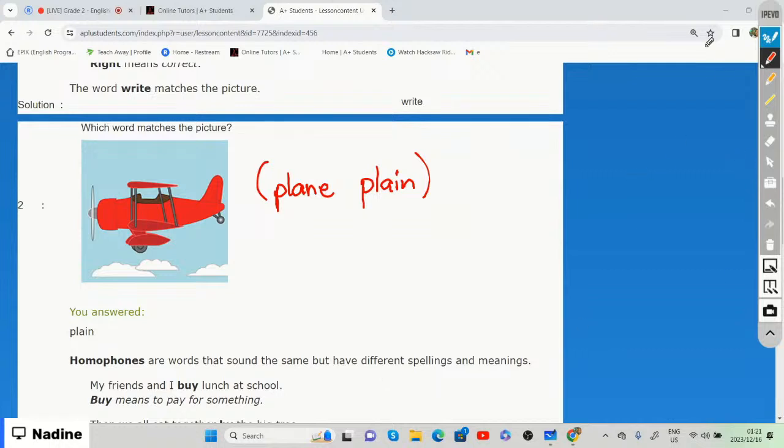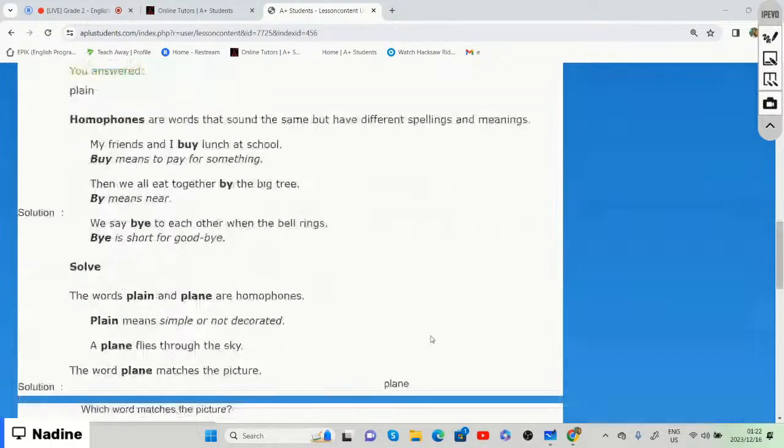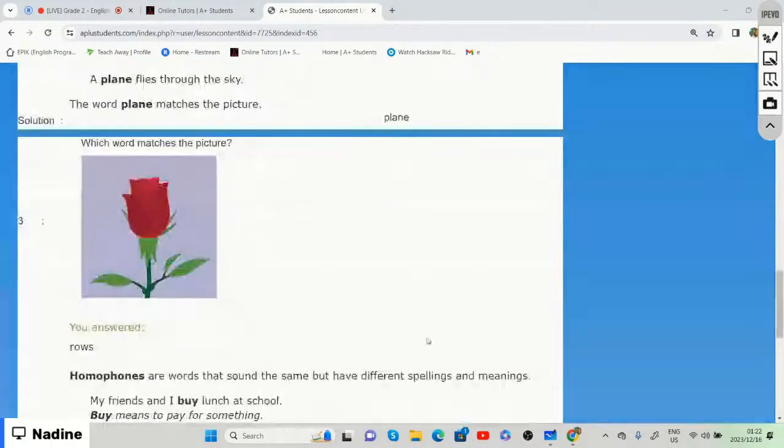And if we were to select the correct one, then we would select plane, which is the first one, which refers to like your aeroplane, right? So it's the first plane. And that's correct. The first plane is correct.